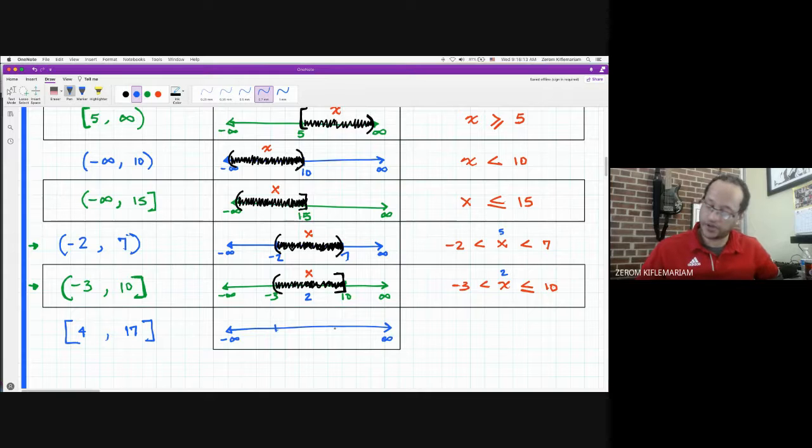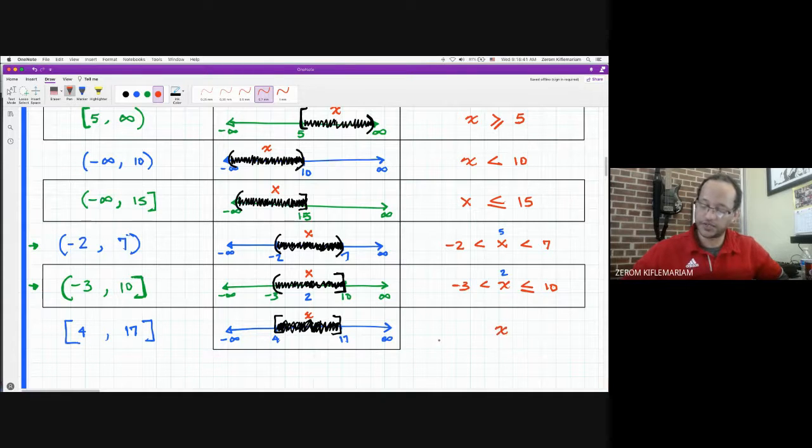My two numbers are 4 and 17. It says shade anything that is in between 4 and 17. But this time, the left side is a bracket. The right side is also a bracket.